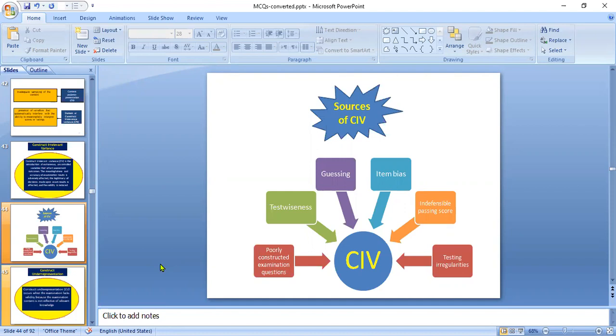This is another, test wiseness. This is another source which will create the CIV, which will lead to the CIV. Test wiseness, which means there are some questions, there are some tricks in the question, and some students may identify and understand those tricks in the question, while others don't understand and don't identify.